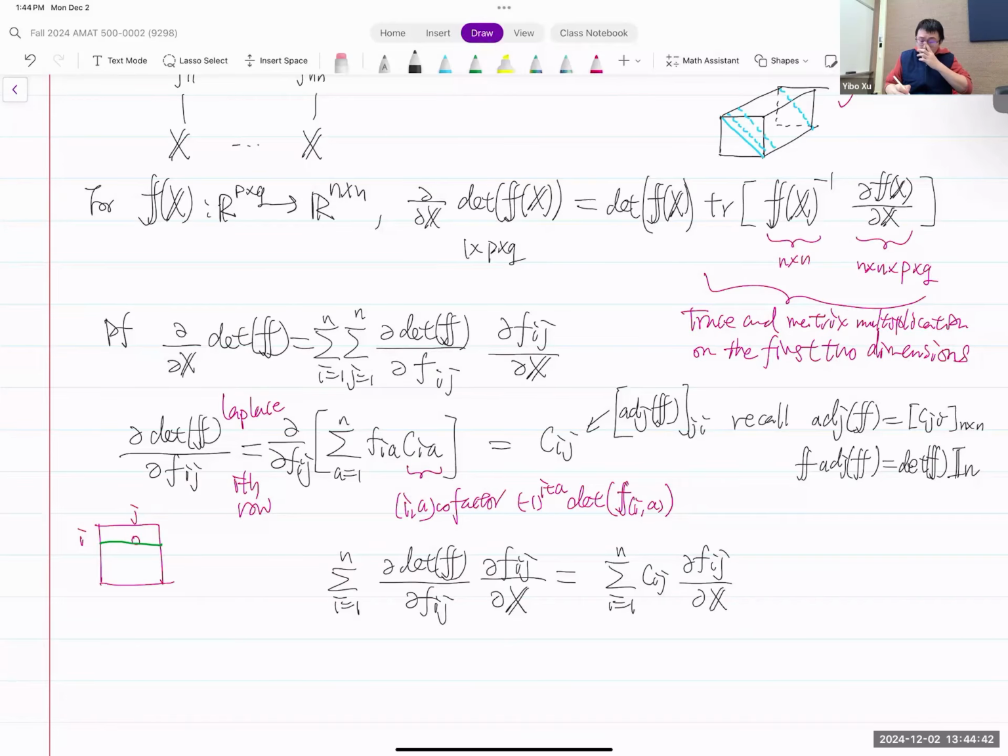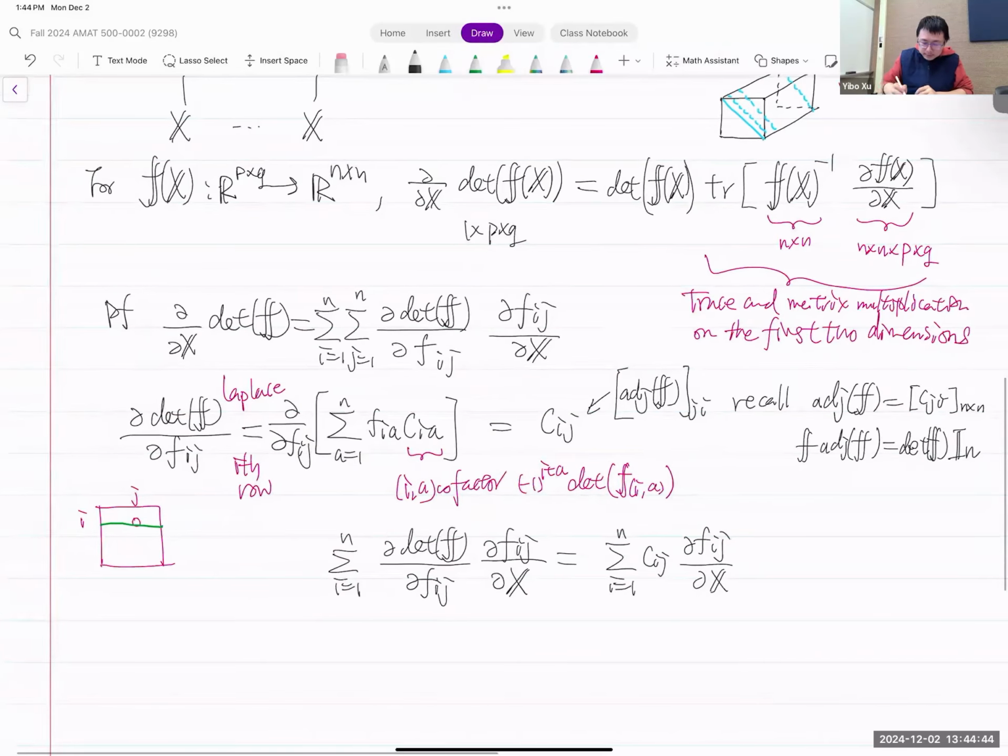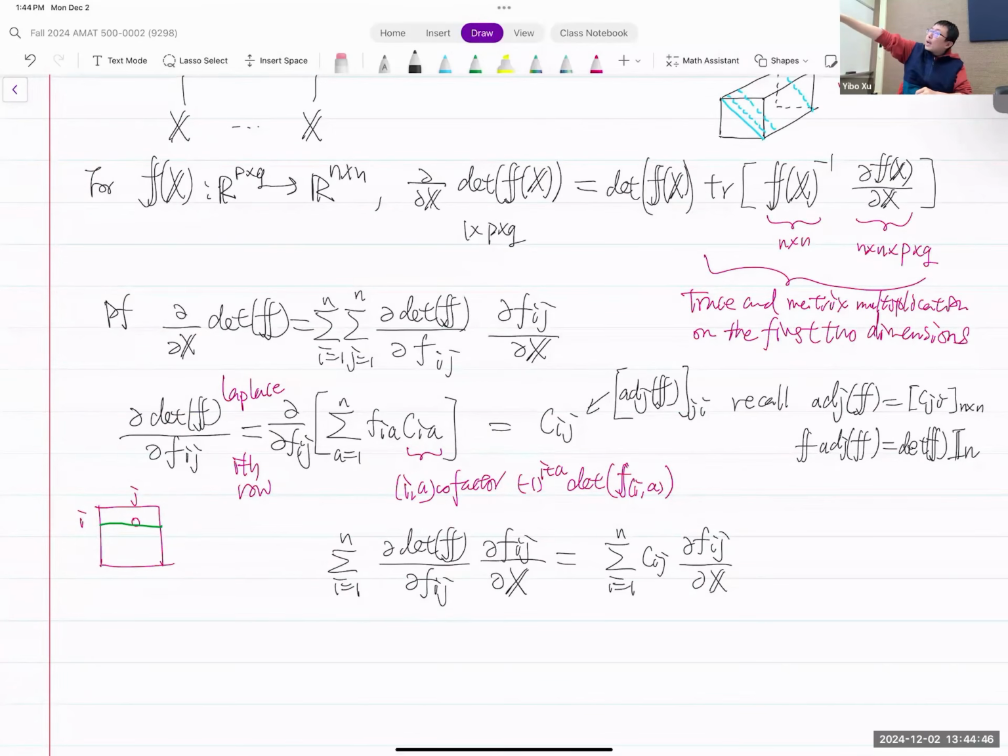Now realize I'm taking the sum where i goes from 1 through n, and once again notice that the second entry j is fixed, right? The second entry j here corresponds to the row index of my aggregate matrix.